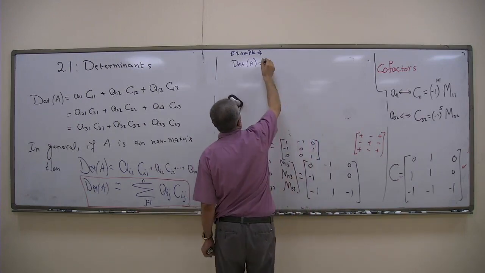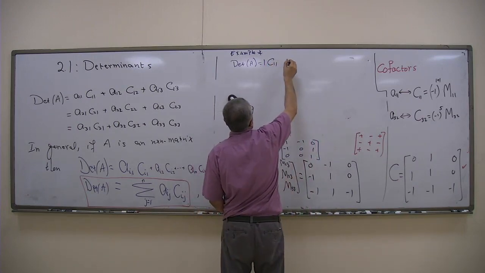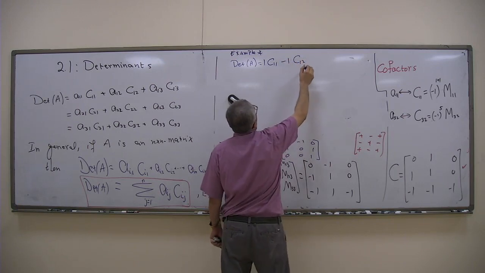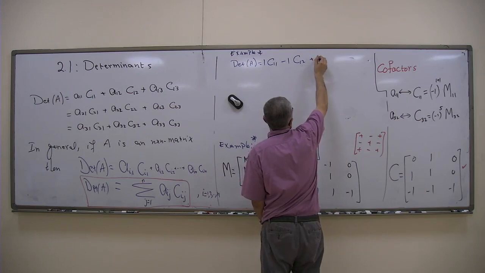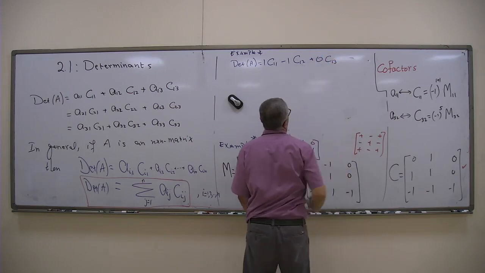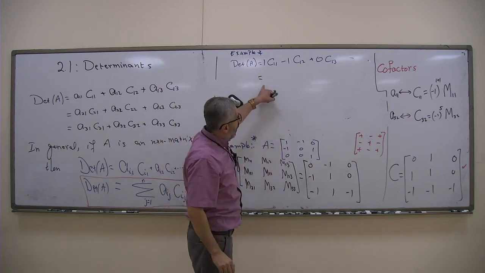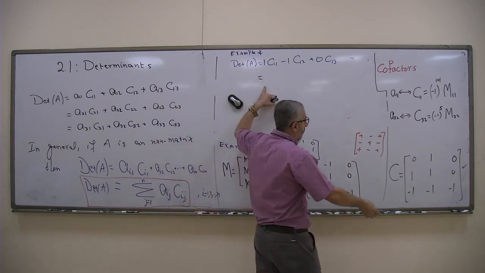That is going to be 1 C11 minus 1 C12 plus 0 C13. What is C11? C11, here it is.